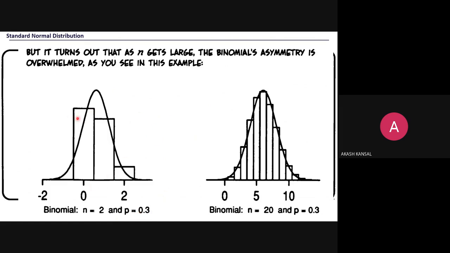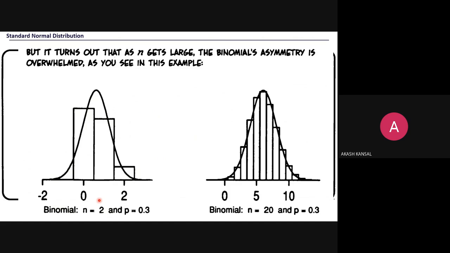Let's say the left hand graph is for n equal to 2 and p equal to 0.3. You will observe the bars that are there, and these are the probabilities that you have observed. Now if you try to approximate it with a normal distribution, the normal distribution would be something like this.